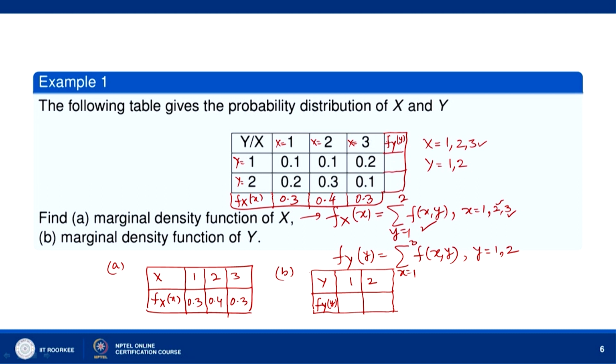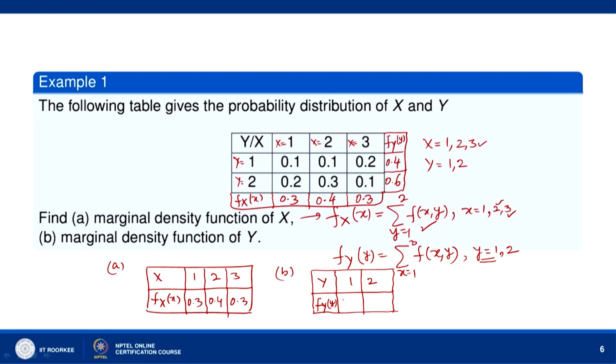When y is equal to 1, you can sum the entries 0.1, 0.1, 0.2, so that is 0.4. Summing the values of f(x, y) when x runs from 1 to 3 means you take the sum of the entries in the row for y equal to 1, and then for y equal to 2 you again take the sum 0.2, 0.3, 0.1, so 0.6.